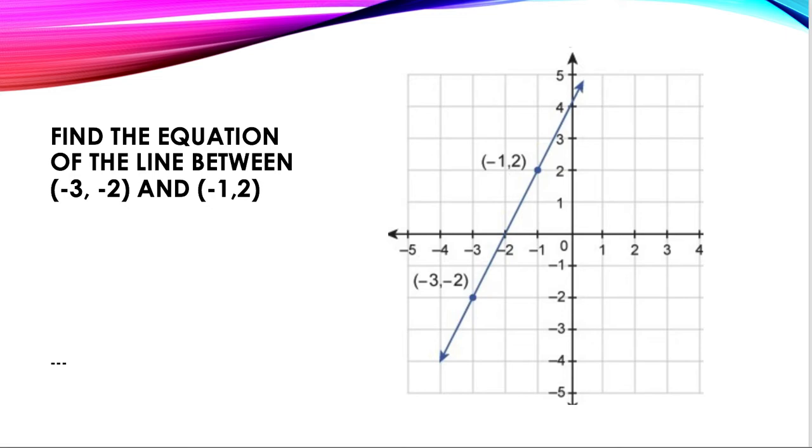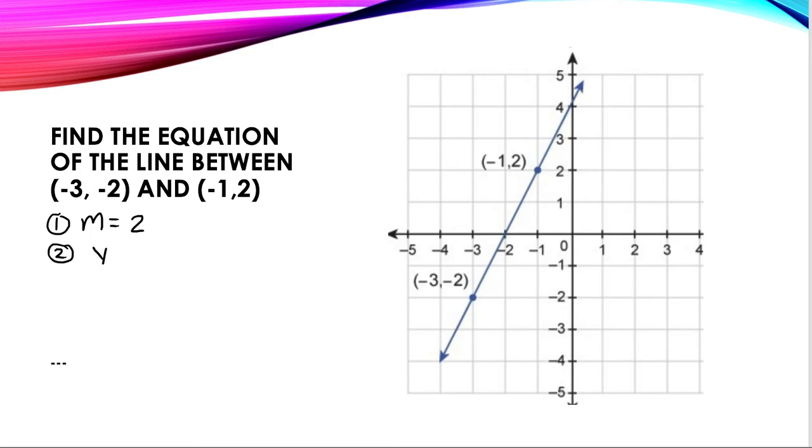Now again, we've already worked this part of the problem out, so the first step is to find the slope. But if you look back in your notes, we did this in the previous presentation, and we found the slope to be 2. All right, remember the second step is to find the b value.